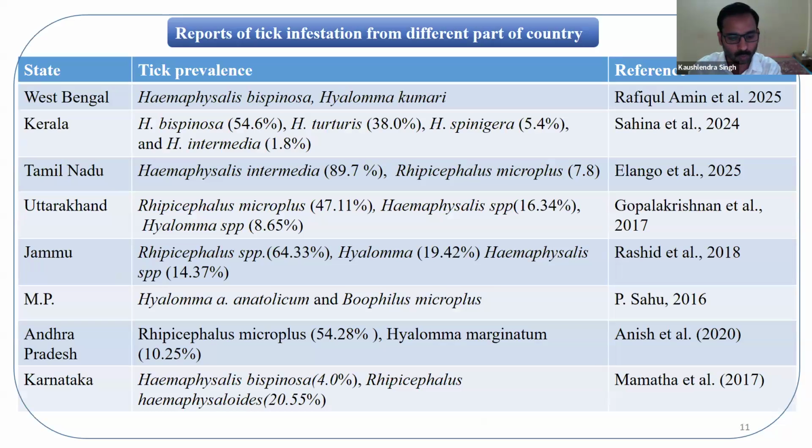In contrast, in small ruminants, the infestation of sheep and goats is underreported due to limited attention, milder symptoms, and less veterinary access, even though they still suffer significant health and productivity losses. These are the reports from West Bengal, Kerala, Tamil Nadu, Jammu, Madhya Pradesh, Andhra Pradesh, and Karnataka.